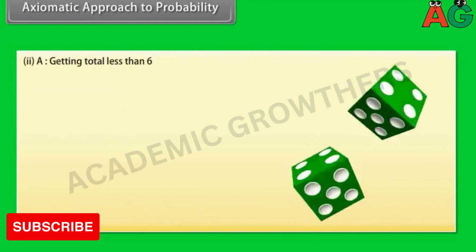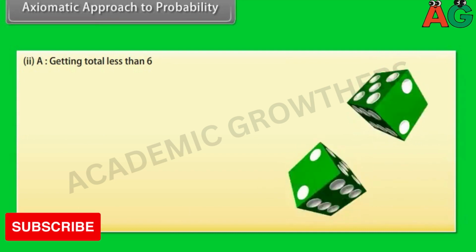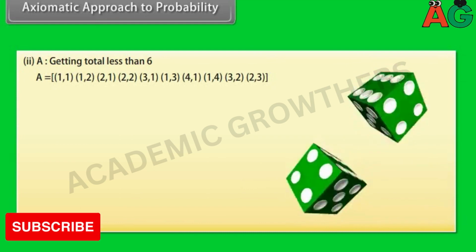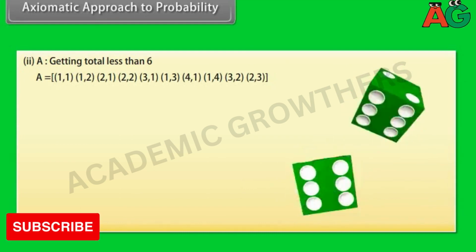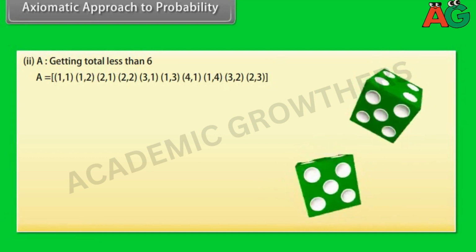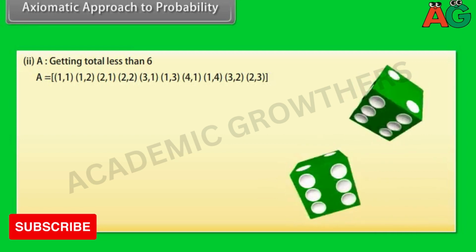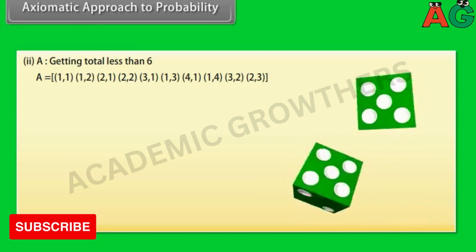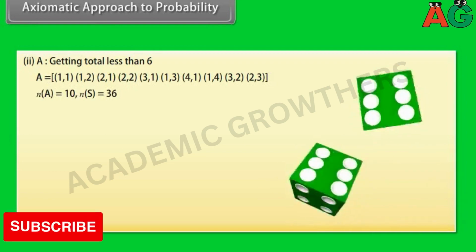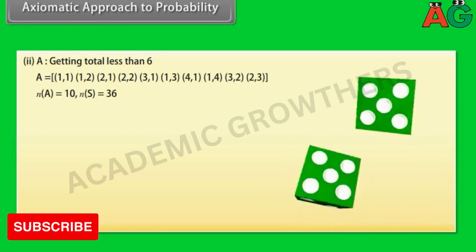2. A: getting total less than 6. A is equal to (1,1), (1,2), (2,1), (2,2), (3,1), (1,3), (4,1), (1,4), (3,2), (2,3). n(A) is equal to 10. n(S) is equal to 36.